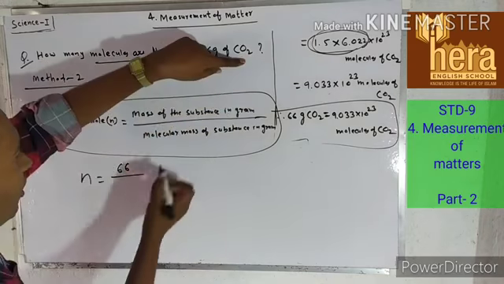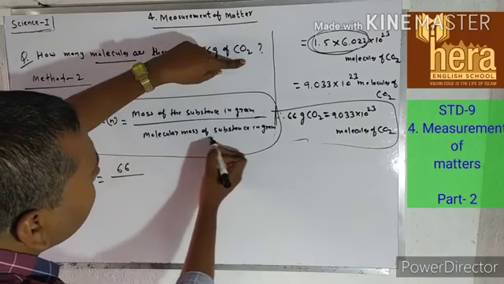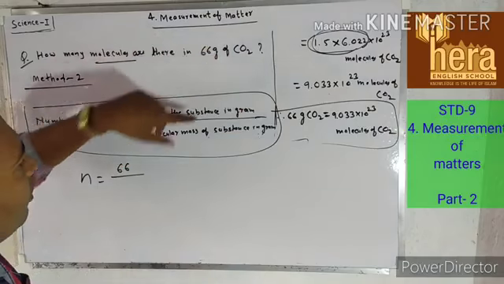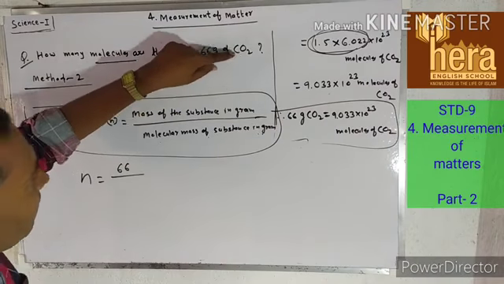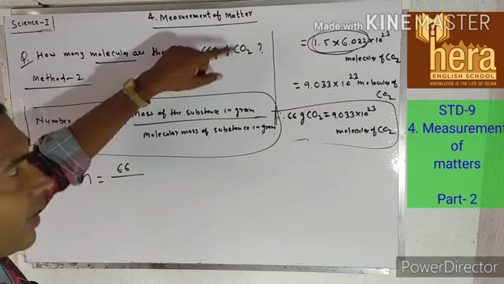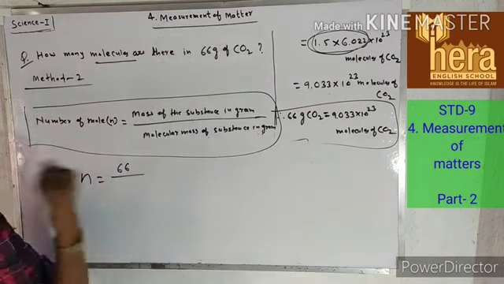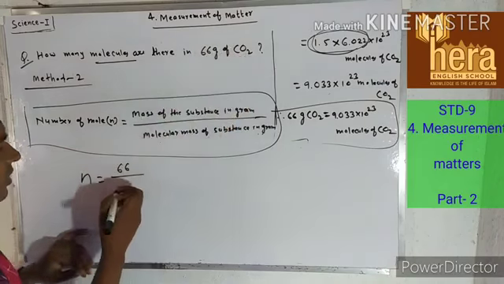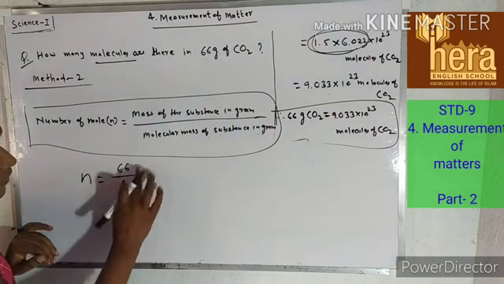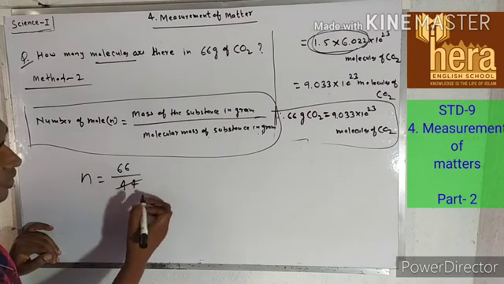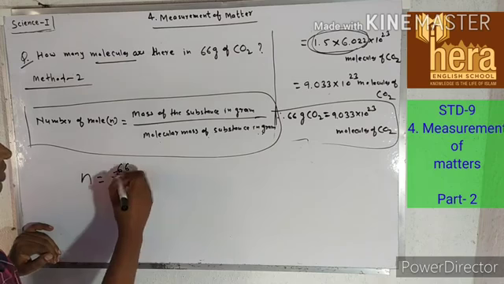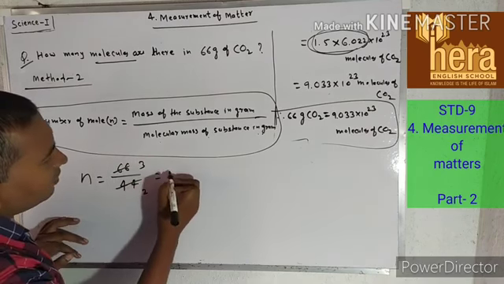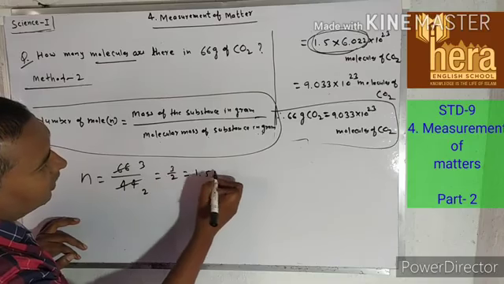Just a few minutes ago we calculated the molecular mass of carbon dioxide. How much is it? 44. So 66 upon 44 will be equal to 3 upon 2, that is equal to 1.5 mole.